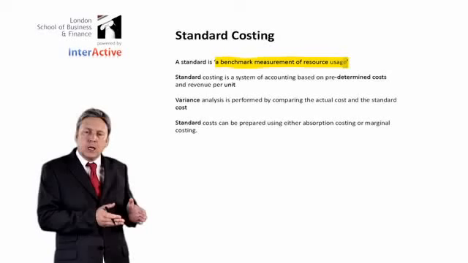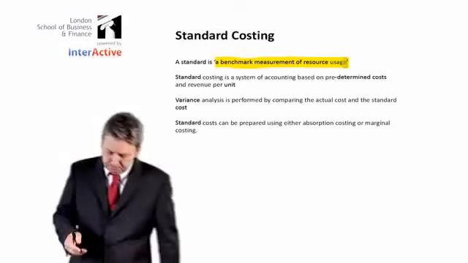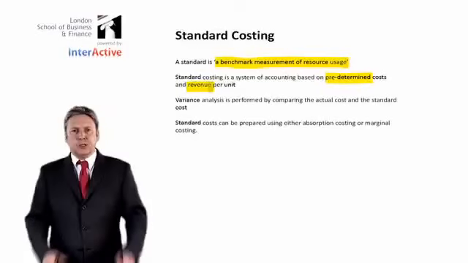Likewise with labour usage and likewise with any overhead element as well. It is based on using a predetermined cost and, if you wish, revenue per unit. So what we're saying is that the standard cost that we're using for, say, this year was prepared sometime last year as part of the budgeting process.